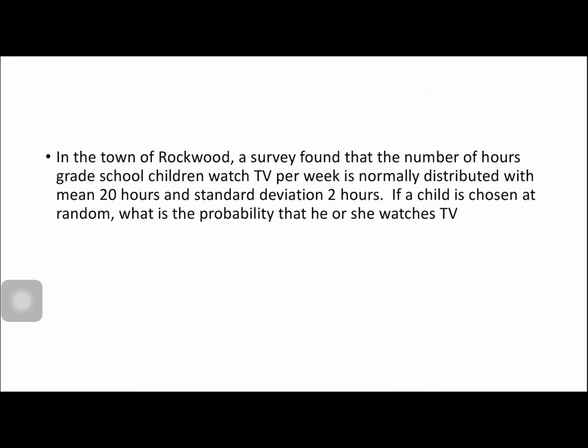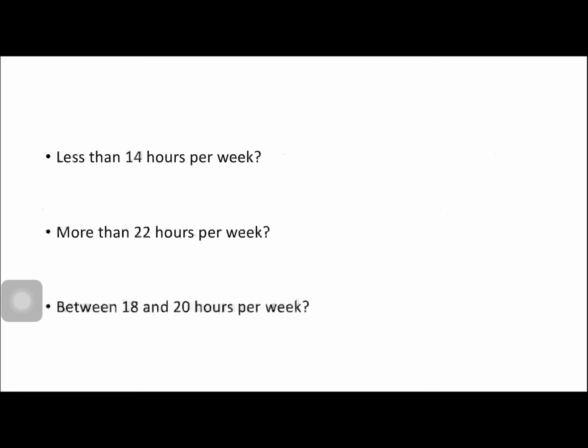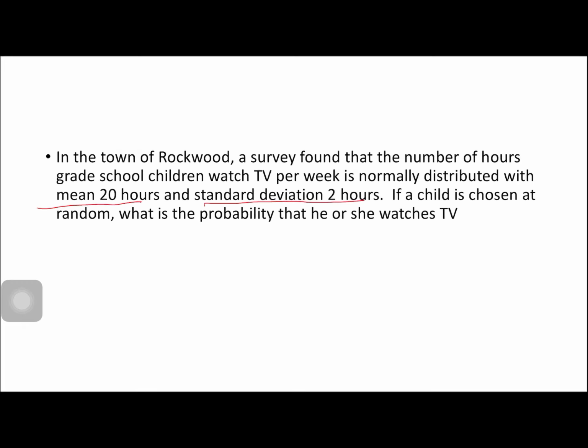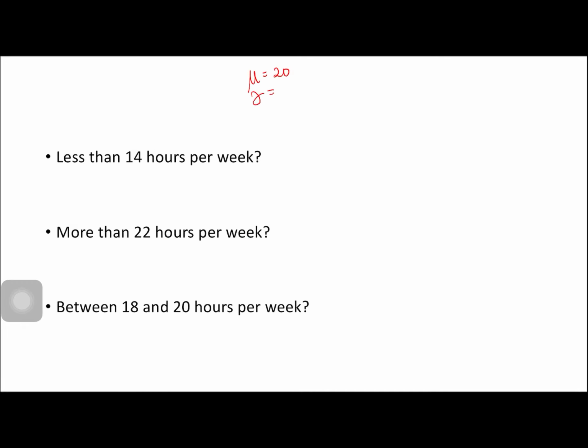Okay. Another problem. In the town of Rockwood, a survey found that the number of hours grade school children watch TV per week is normally distributed with a mean of 20 hours, standard deviation of 2 hours. If a child is chosen at random, what is the probability that he or she watches TV less than 14 hours per week?